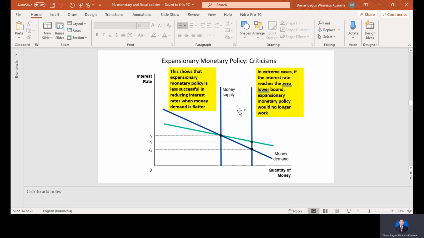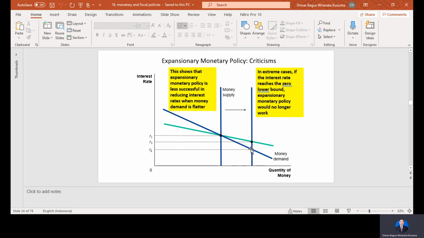So in the case of reaching zero, the initial money supply here is the dark blue one, and here is the impact. If it moves to the right, expansionary policy will make the interest rate fall.